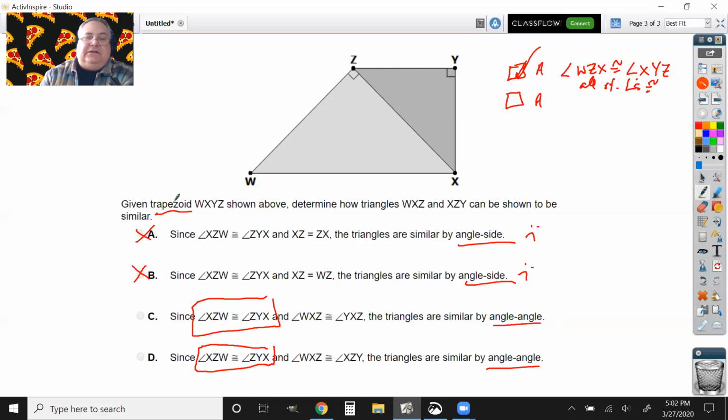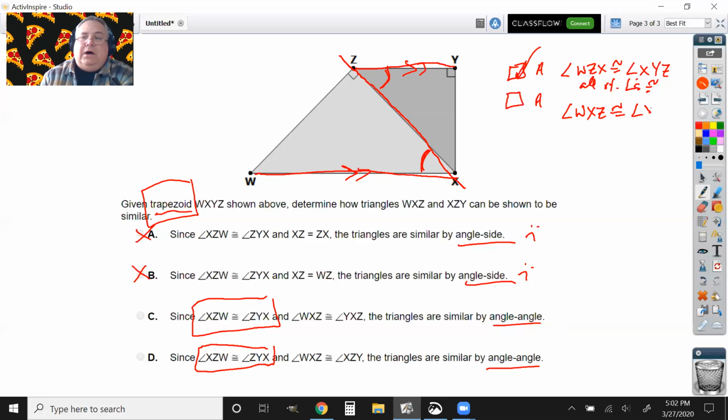Next angle, it said that this was a trapezoid, and trapezoids have a set of parallel sides. So this side is parallel to that side, which makes this the transversal. And so I could take this angle, and I could say they are congruent. So angle WXZ is congruent to angle YZX because alternate interior angles are congruent. Check. Let's see which one of these pair has it correct.